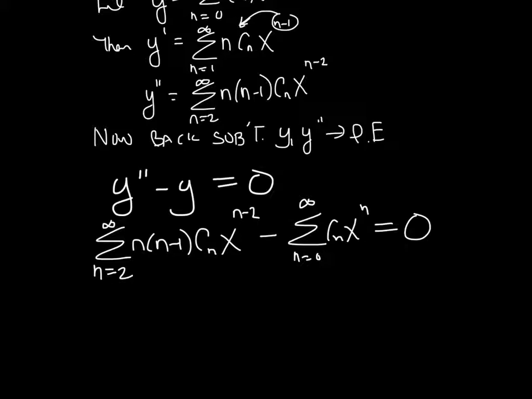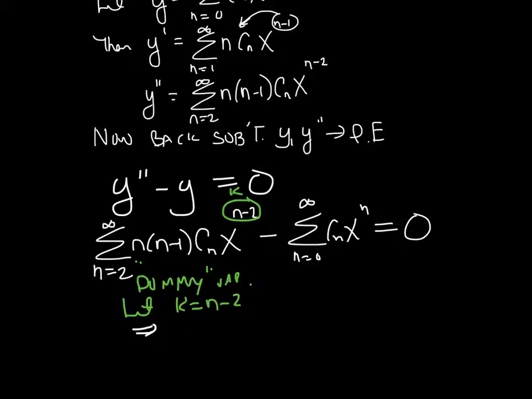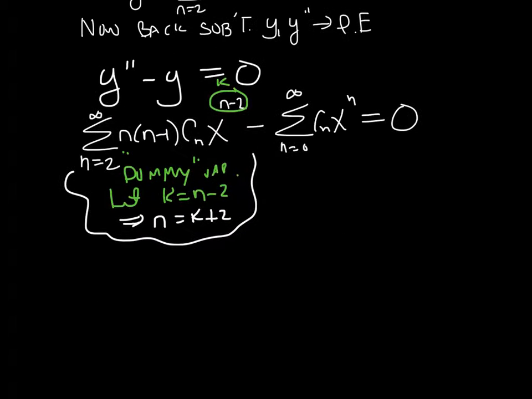I think I chose green last time. So I'm going to call that k. I'm using a dummy variable, so I'm going to let k be n minus 2. So if k is n minus 2, then if I solve for n, I just get k plus 2.